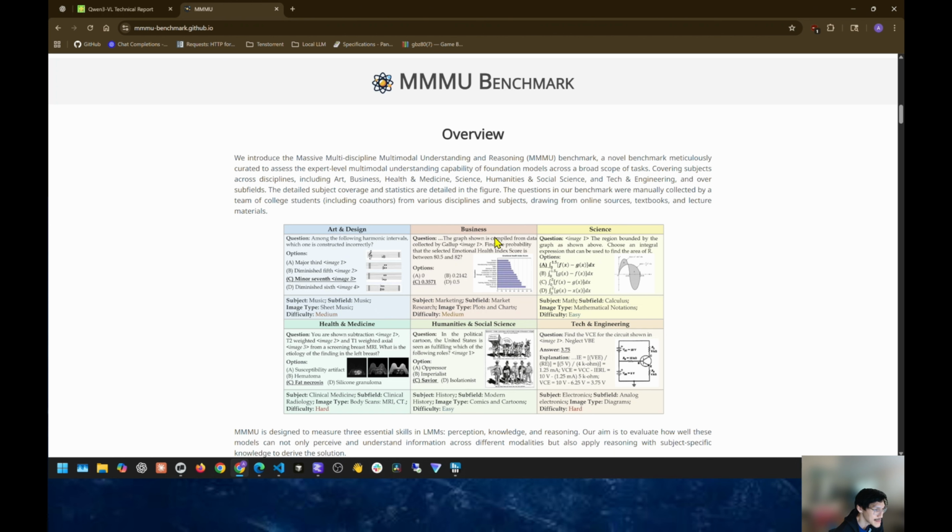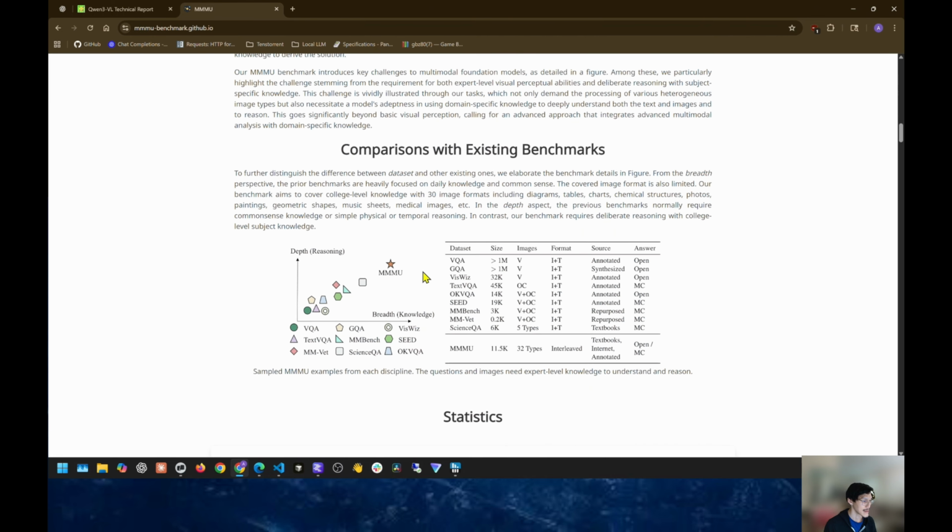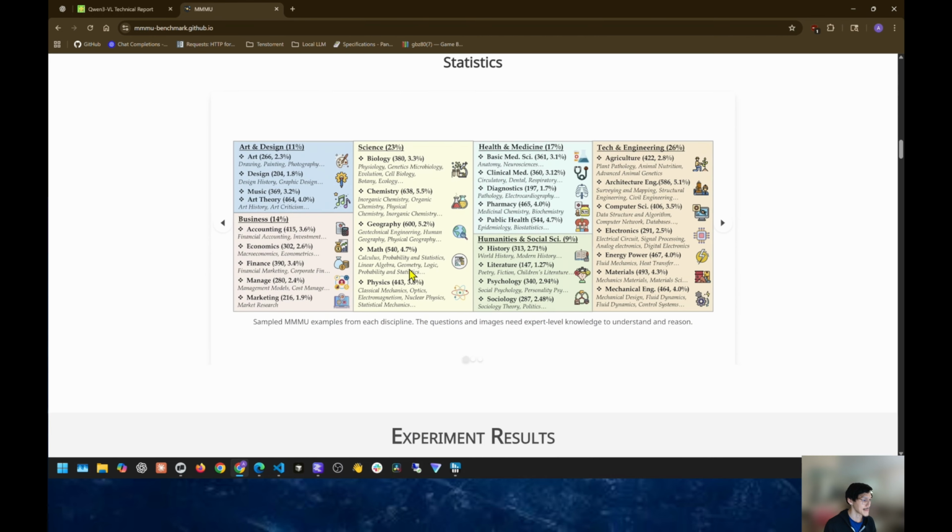The graph shown is compiled from data collected from Gallup. Image 1. Find the probability that the selected emotional health index is between 80 and 82. Oh, I see. So it is just learning how to link visually the question and an image associated with it. Okay, so that's the benchmark.